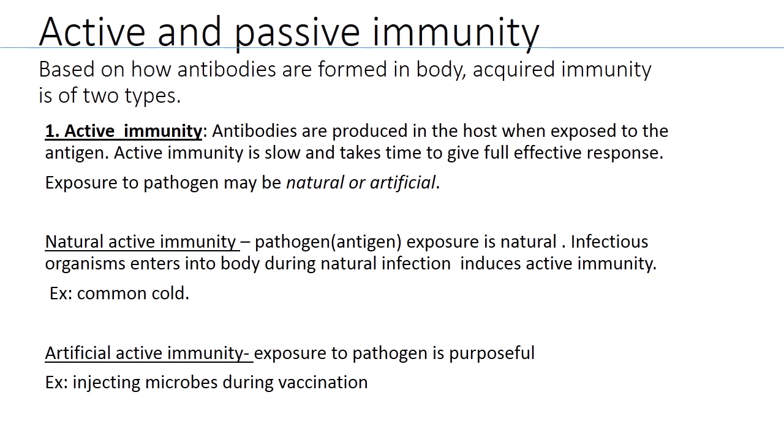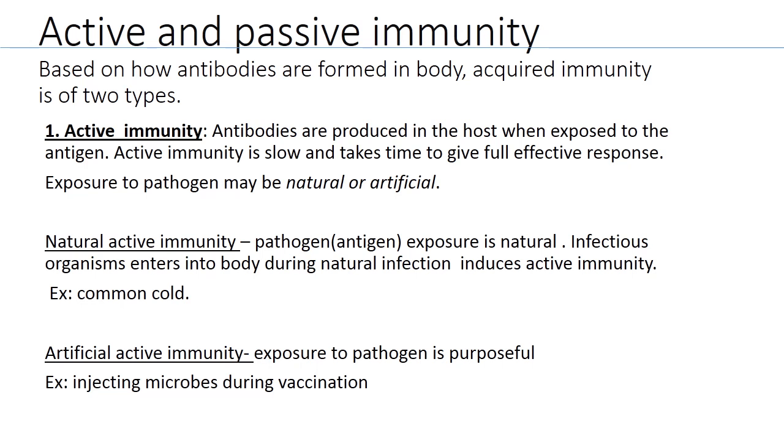You are aware of vaccination. Vaccination is the best example of artificial active immunity. You might know the polio vaccine is given to children within the age group of 5 years. This vaccination is very effective so that a particular disease will not be seen in the future. This is one preventive measure for some infectious diseases.